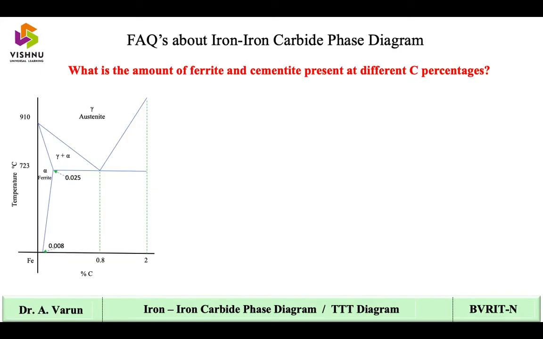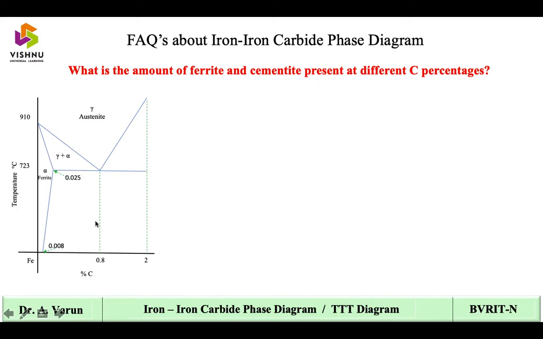Then coming to the next one, what is the amount of ferrite and cementite present at different carbon percentages? For this, we are supposed to calculate using the lever rule which we have just discussed. So I'll consider three different cases.